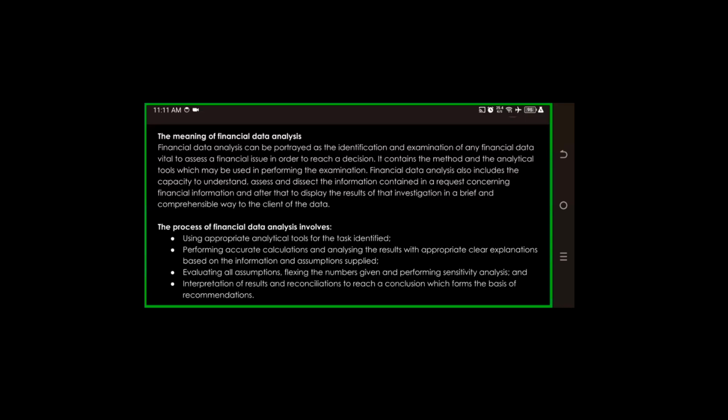So they may need to make a decision on maybe appraisal of a particular project, appraisal of a particular contract. Maybe they want to evaluate a proposal and all that. So they need you to help them to make a well-informed decision based on certain financial data, right?